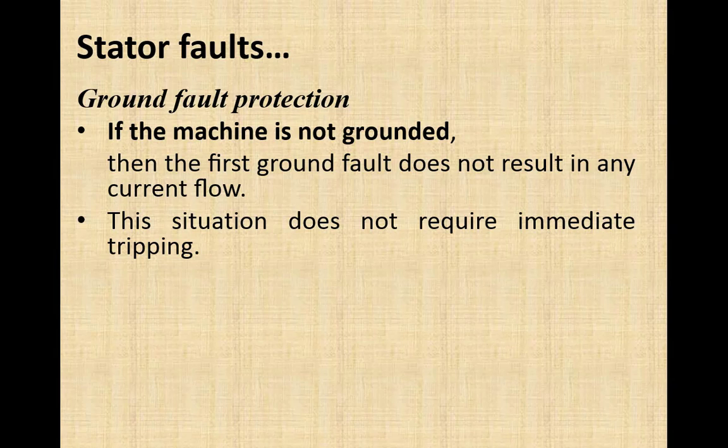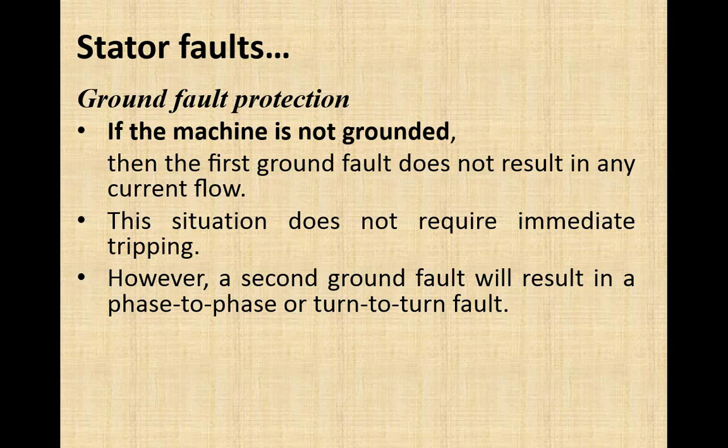So this situation does not require immediate tripping. We do not want to isolate our machine from the system in case of a line to ground fault if neutral is in floating condition. However, if another line to ground fault occurs in the presence of an already existing line to ground fault, then that would become a phase to phase fault or a turn to turn fault.